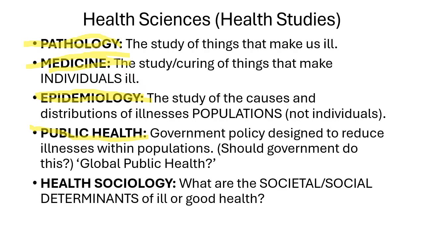We elect governments who then hire experts, doctors and epidemiologists and pathologists, who give the government advice about what laws to make in order to keep the population healthy and to prevent illnesses. Public health and epidemiology traditionally dealt with what are called communicable diseases. A communicable disease is basically a catching disease, a disease that you can catch.